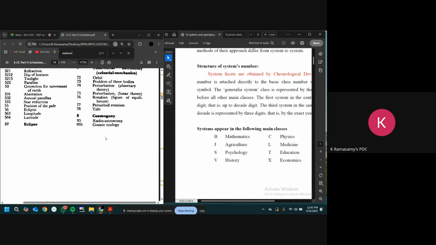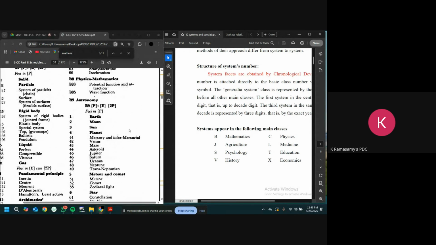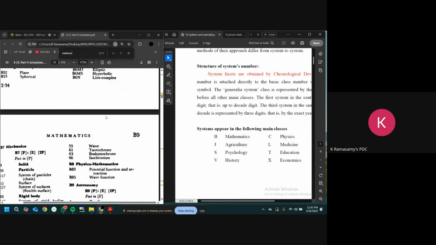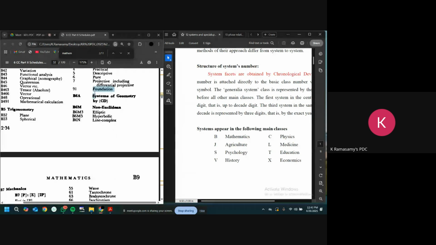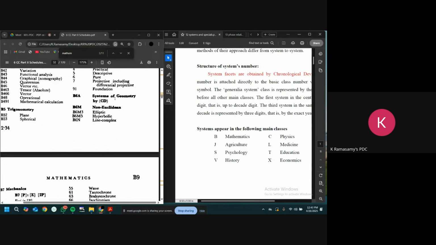At the end of the last page, it's not there because mathematics is divided into canonical divisions. You should look for any canonical division which has a system phase. You can see here, B8, systems of geometry. B6 is geometry, and geometry has a list of systems: how you should do geometry.